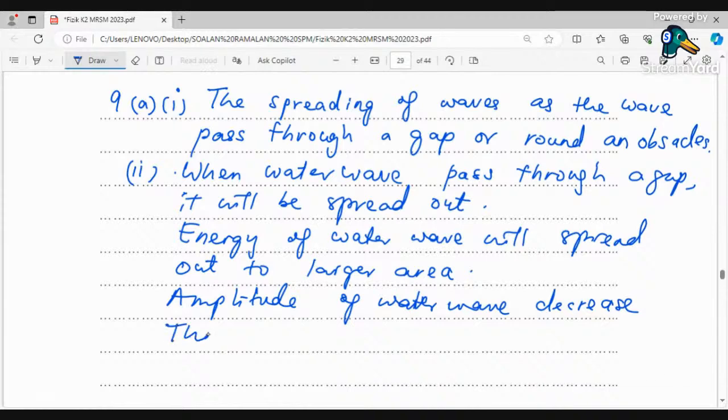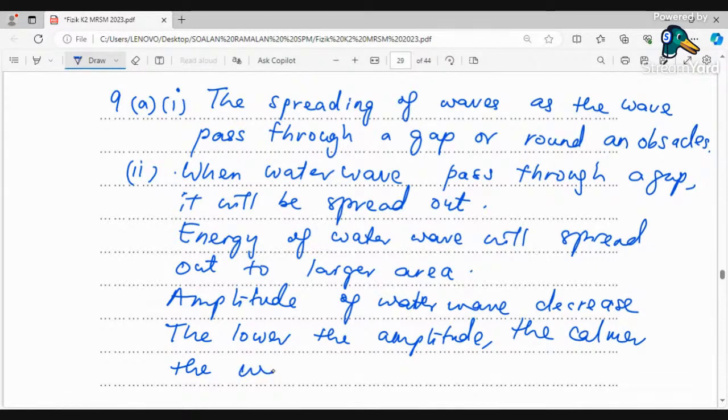Okay, the lower the amplitude, the calmer the water wave.